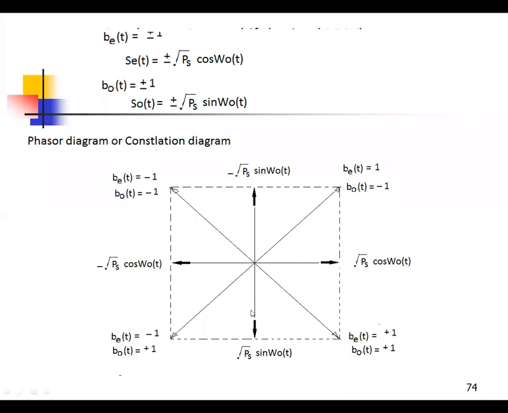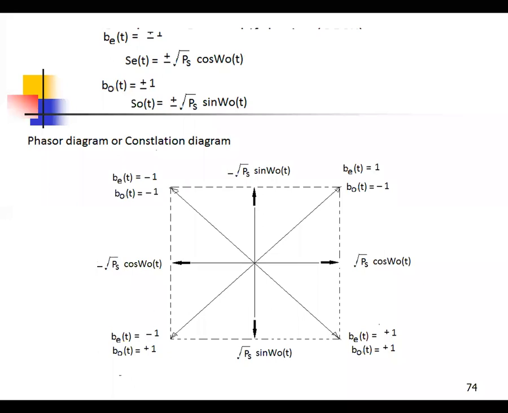So now the resultant angles depend on the signal vector points or phasor diagram: root Ps cos omega naught t, minus root Ps cos omega naught t, root Ps sin omega naught t, minus root Ps sin omega naught t. I understood.